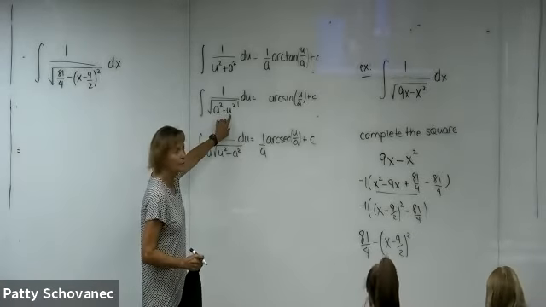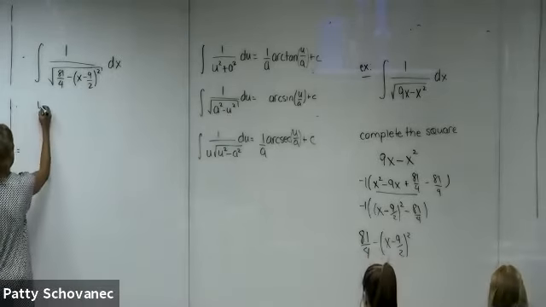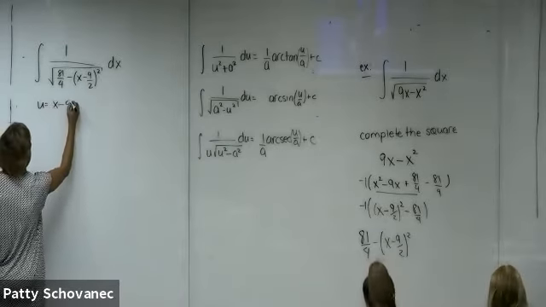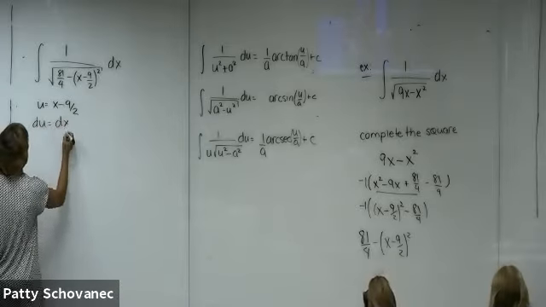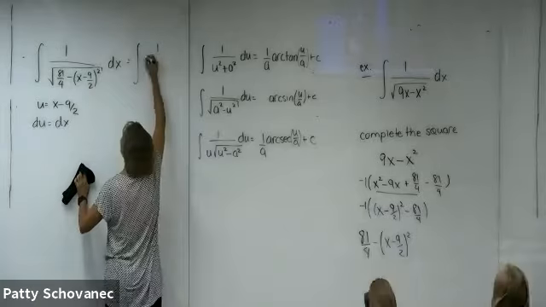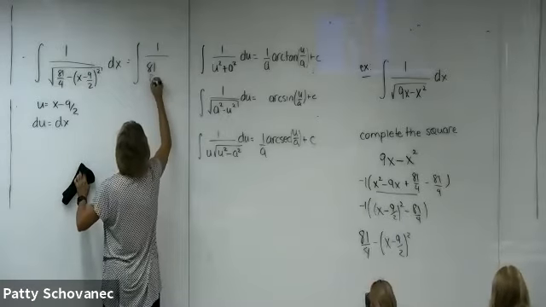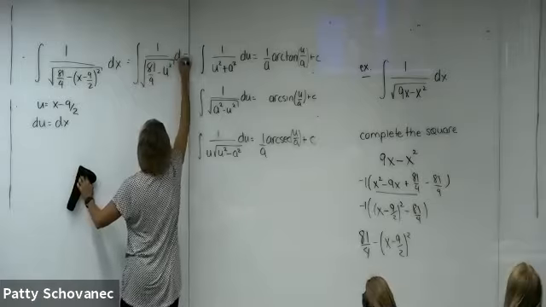So let's go ahead and make the formal substitution. Take u to be x minus 9 halves. That leaves me du as dx. So this is simply the integral of 1 over the square root of 81 over 4 minus u squared du.